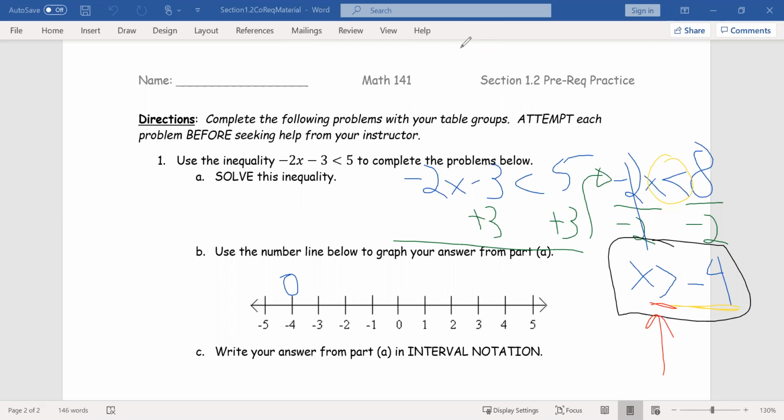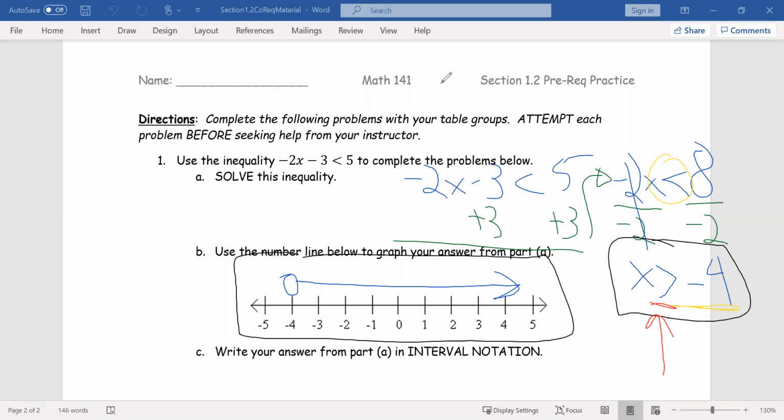It's not greater than or equal to, or less than or equal to. It's just greater than. So that tells us we'll have an open dot. And because it says x is greater than negative 4, that means our solution set is all numbers bigger than negative 4. So I'm going to put an arrow here going to the right like that. Okay, and so there is our solution as a graph.